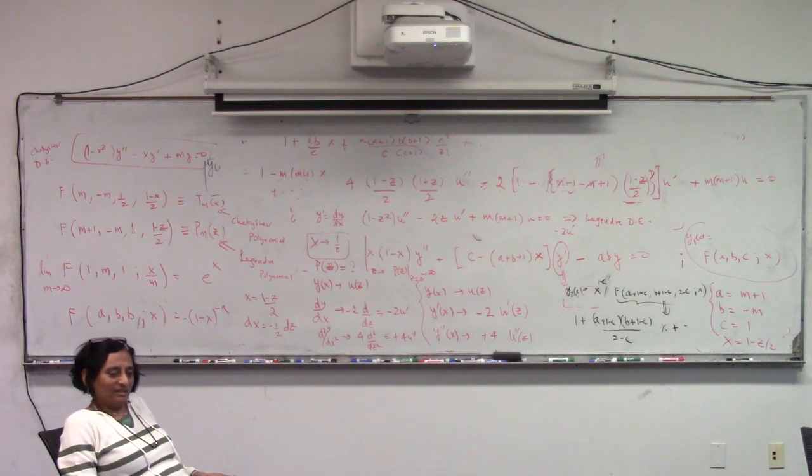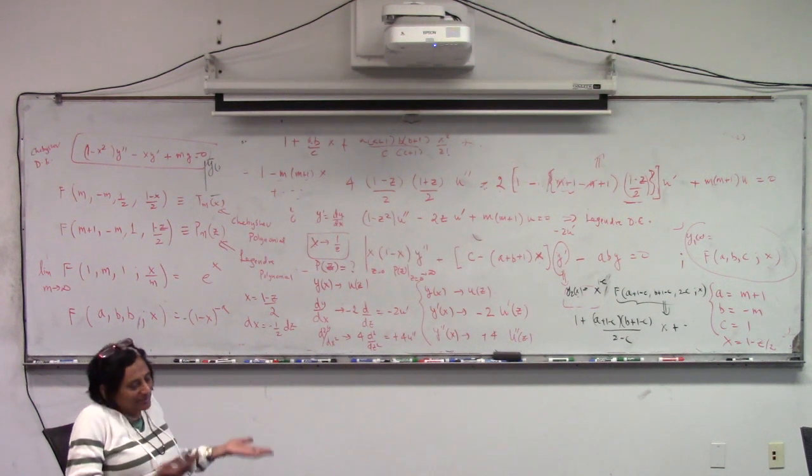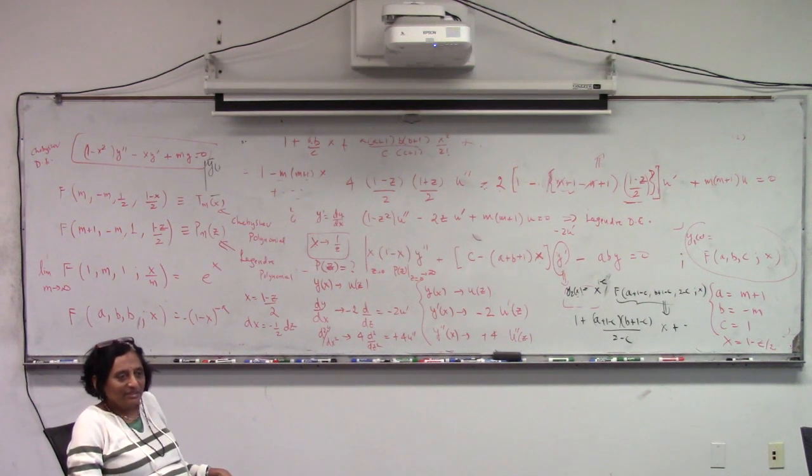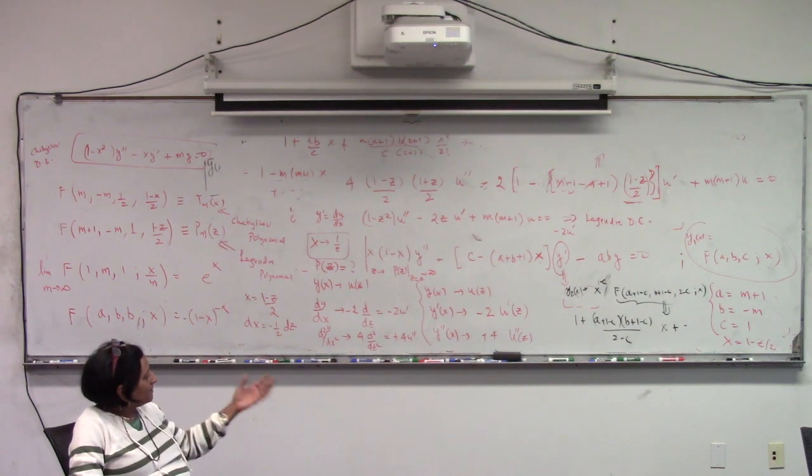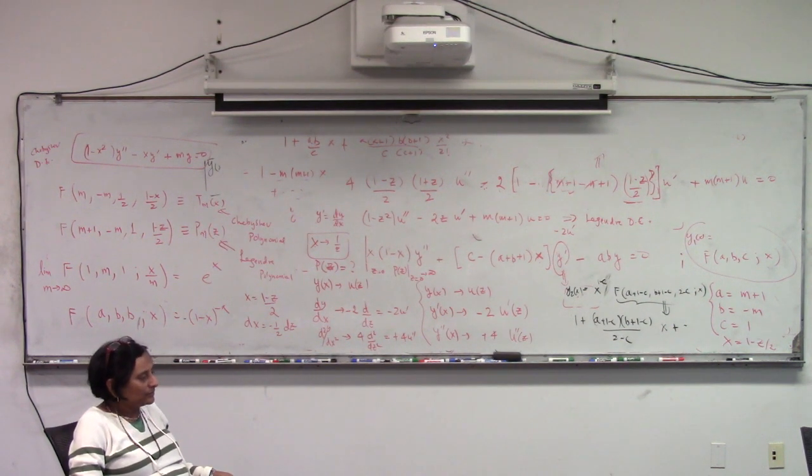Whoever the mathematician was that was testing, only tested for y1 of x. But in this case we have y1 equal y2, so it doesn't matter which.